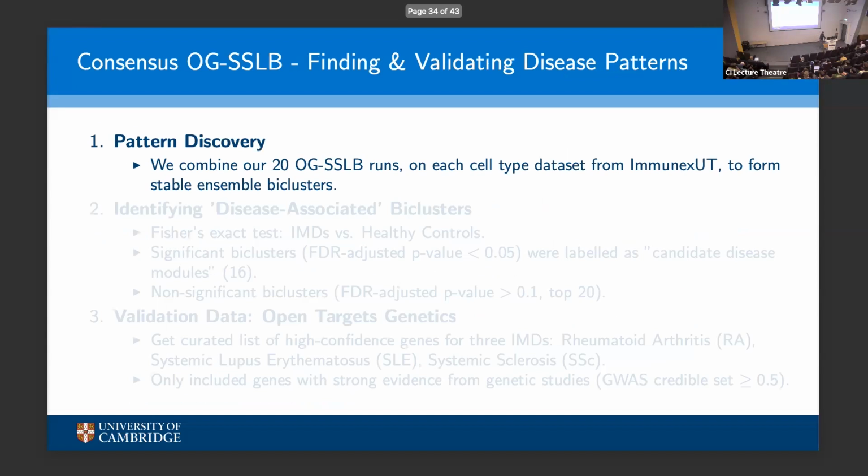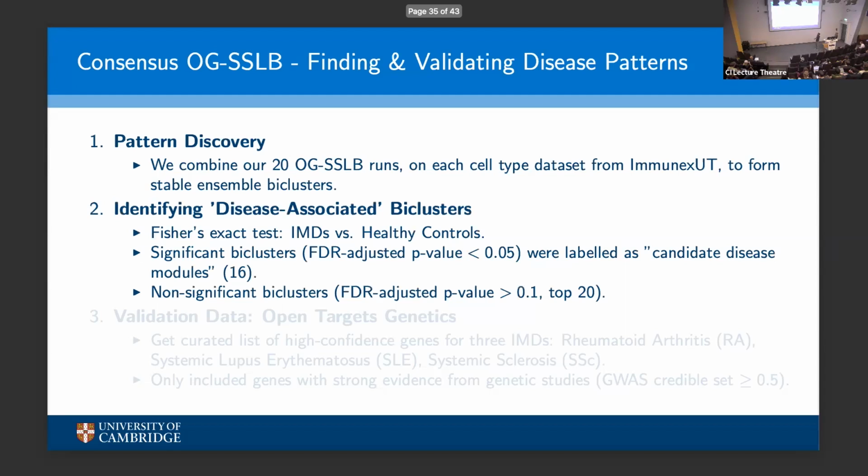So, to test this consensus OGSSLV approach, we did these three steps. First, we just combine our 20 runs of OGSSLV following the steps that I explained in the previous slide. Then we identify disease-associated biclusters.